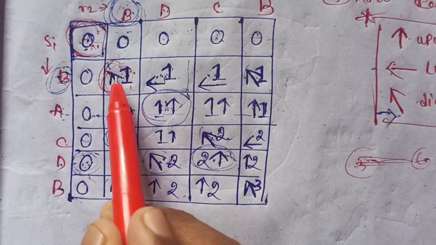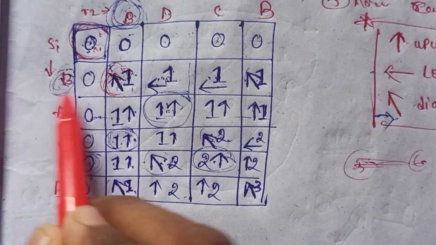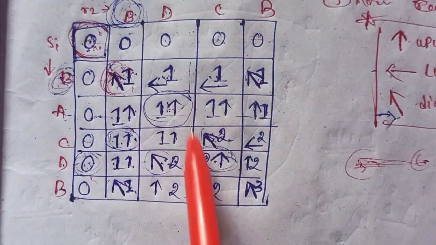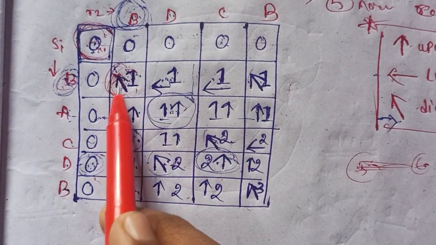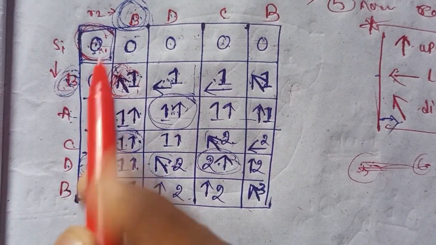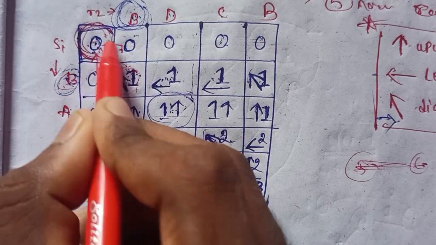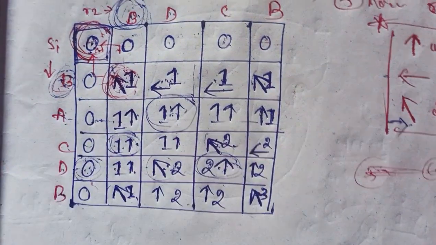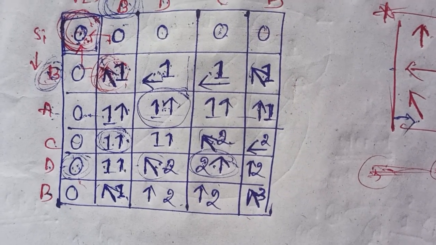Step number 2 is that when the same letter comes in the same position, we fill in diagonal arrows. Step number 3 is that if a diagonal arrow is present, we move to its previous row and previous column, reach that cell number, and add 1 to it.